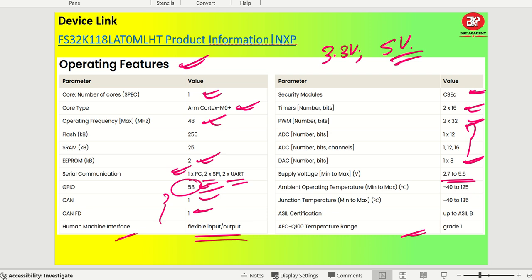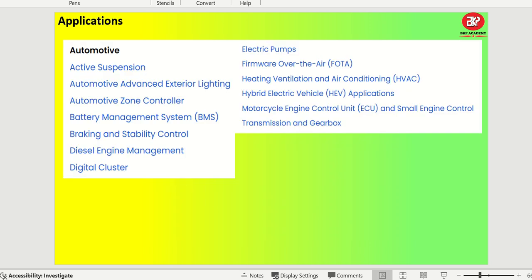Now let us talk about the applications recommended on the manufacturer's website. We have automotive applications, a lot of them, and once you go on this website you will be able to click any of the applications to find the exact circuits related to that. We have applications like electric pumps or firmware over the air, hybrid electric vehicles, and automotive advanced exterior lighting.